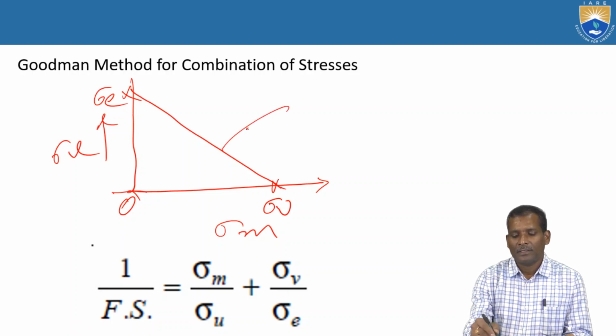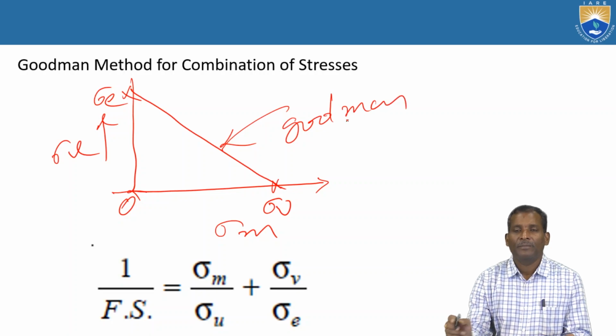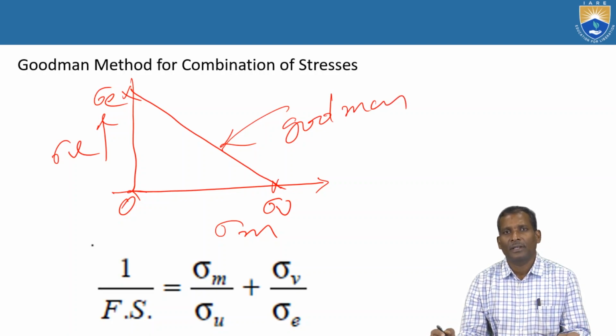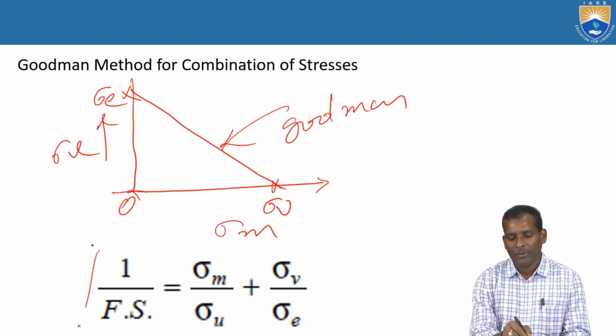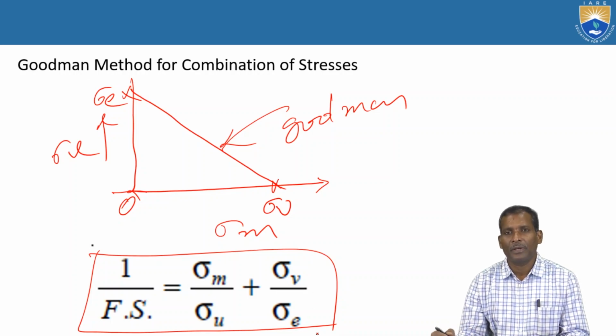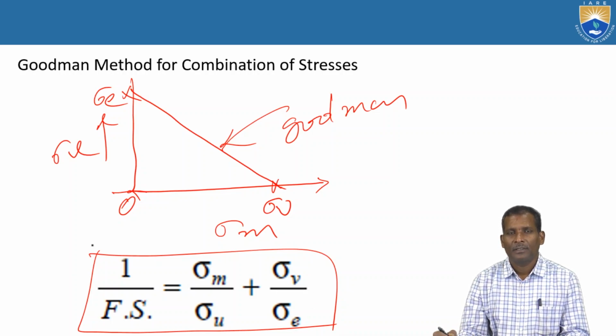This line is called Goodman, derived by the scientist Goodman. According to this theory, 1 by factor of safety is equal to mean stress upon ultimate plus variable stress by sigma E. This method is useful for brittle materials.